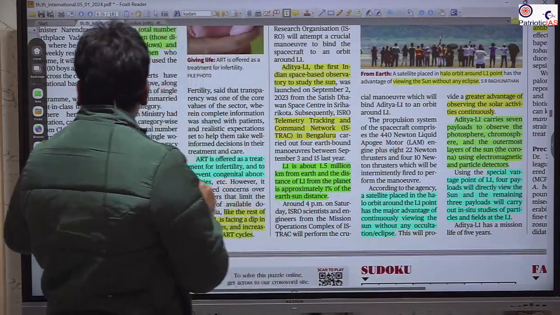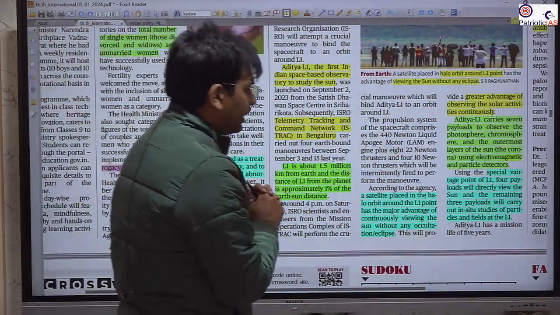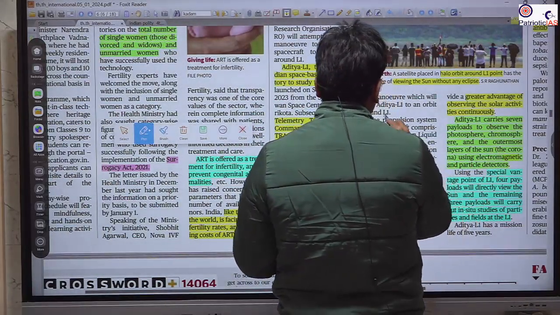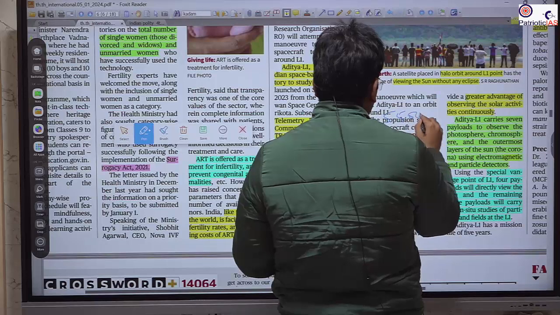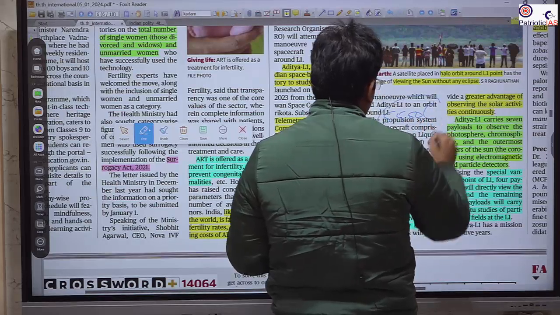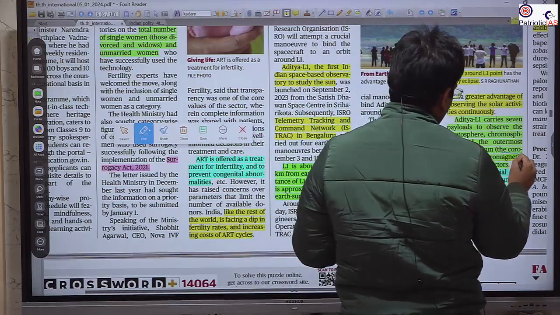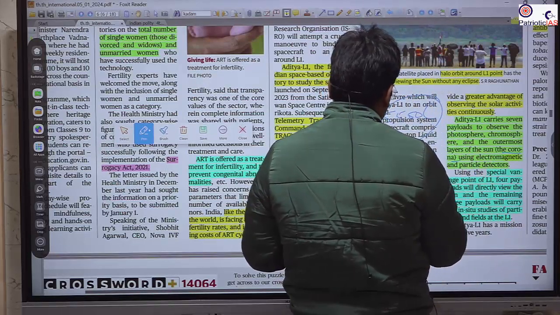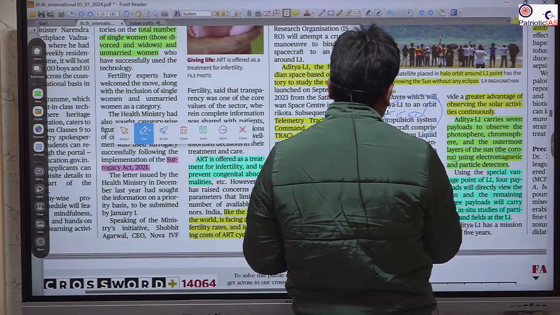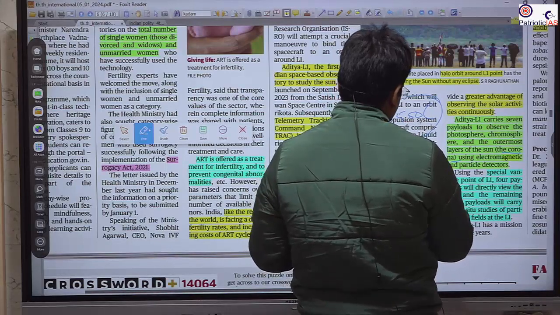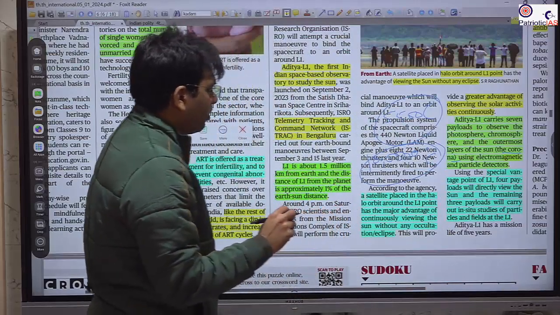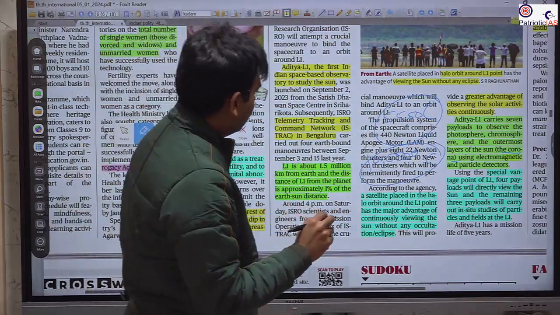The temperature at the chromosphere is around 5,500 centigrade, but at the corona it is near about 10 lakh degree centigrade. Are you able to see how much difference there is?